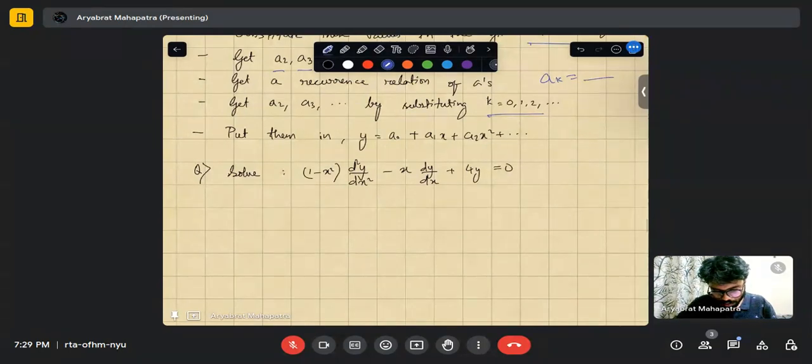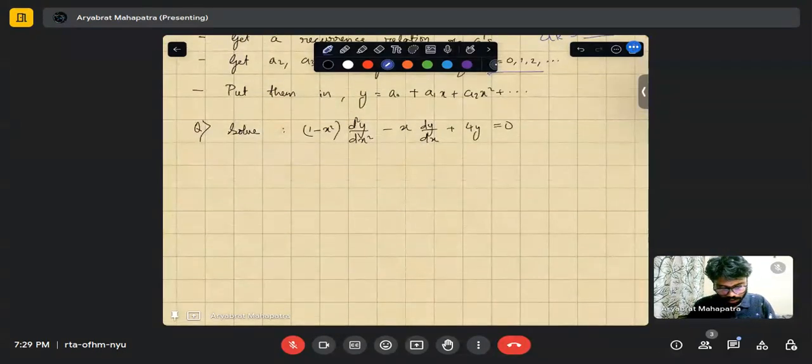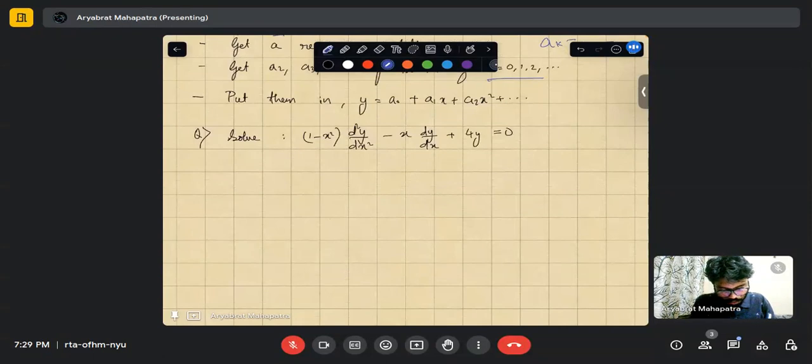So in this question as well, 1 minus x square d square y by dx square minus x dy by dx plus 4y equals 0. Again, here you will see that p of x is minus x by 1 minus x square, and q of x is 4 by 1 minus x square.